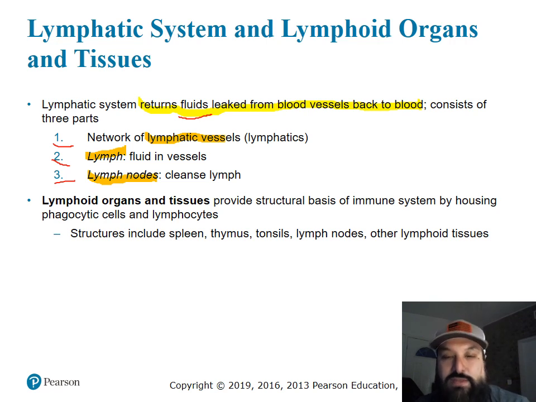That's part of the lymphatic system, and those are also considered structures that are part of the lymphatic system. Of course, you've got the spleen, that's part of that, the thymus, tonsils, lymphoid nodules, and those.